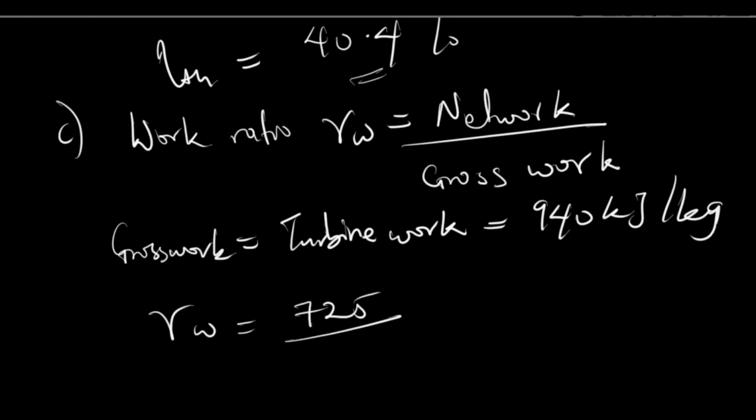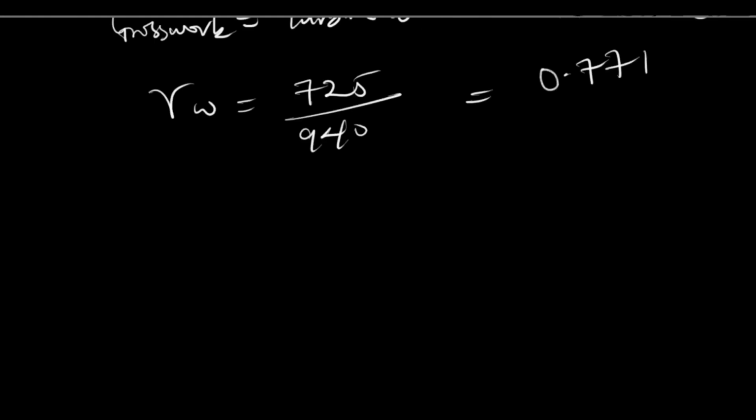Alright, the next question is the specific steam consumption. Now I also gave this formula in the other page. The SSC, specific steam consumption, is given by 3600, that is an hour in seconds, per net work. So which will give us 3600 over 725.